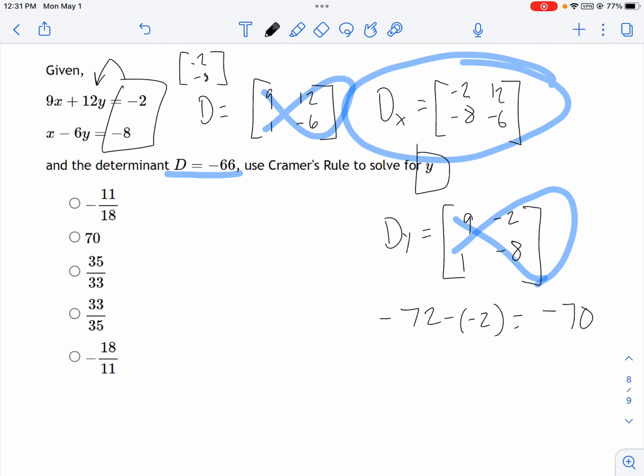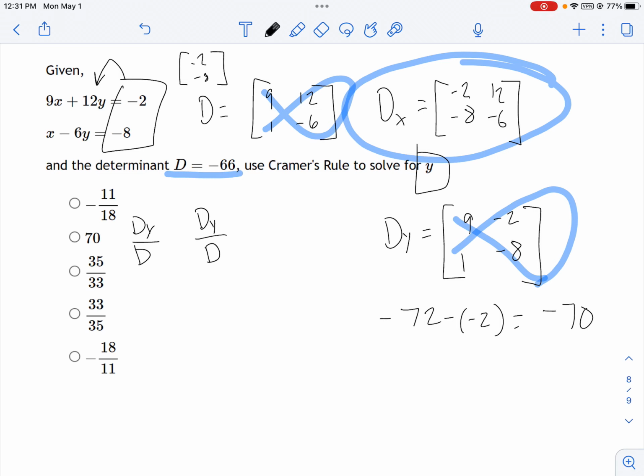And then Cramer's rule says that once you have the determinant of the original coefficient matrix and the determinant of the new dy matrix, your answer is just dy over D. If you're looking for x, that would be dx over D. And those are the determinants of those matrices.